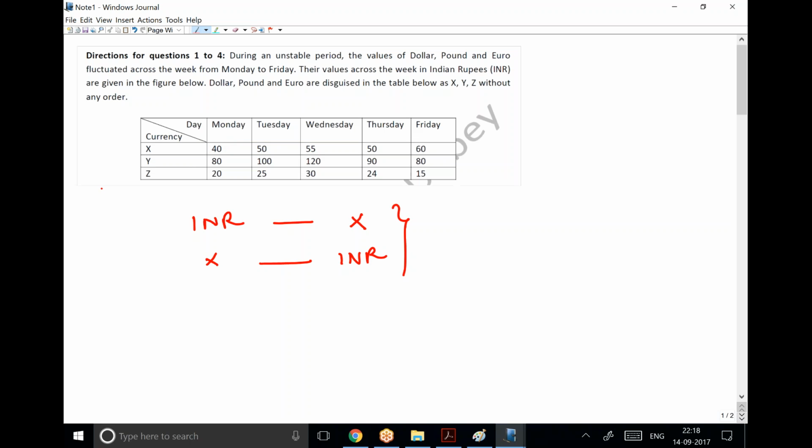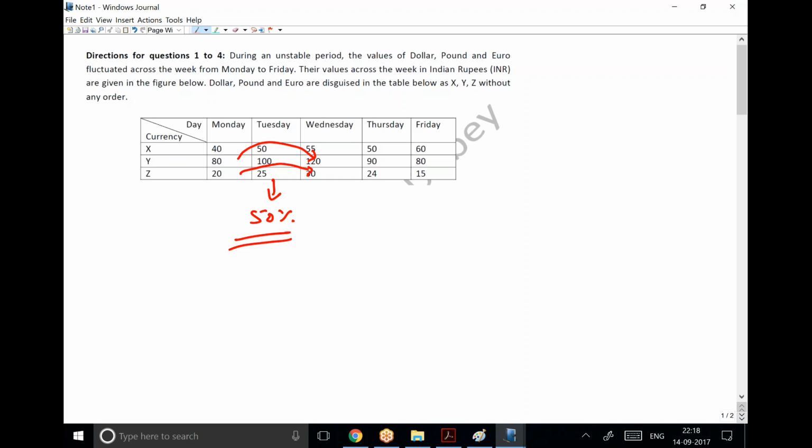But because 4 transactions are involved, how will you approach this question? In this basic scenario, when you invest in currency Y, 80 will become 120 and 20 will become 30, the same increase in terms of percentage, an increase of 50%.